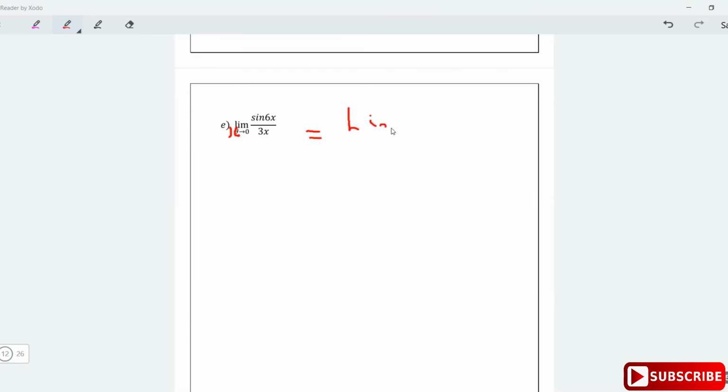So it's going to become the limit as x approaches 0 of sine 6x over, multiply the denominator by 2 and the numerator by 2. So put a 2 right in the numerator and put a 2 down in the denominator, 2 times 3x.